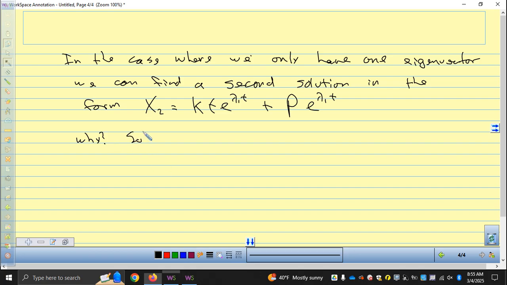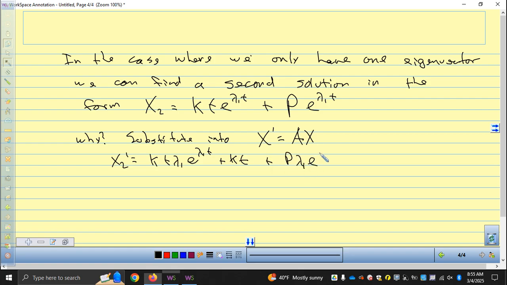We substitute into x prime equals Ax, into our equation. So I'm going to say x2 prime. When I take the derivative of this thing, we get k t lambda 1 e to the lambda 1t plus k e to the lambda 1t by the product rule, plus p lambda 1 e to the lambda 1t.